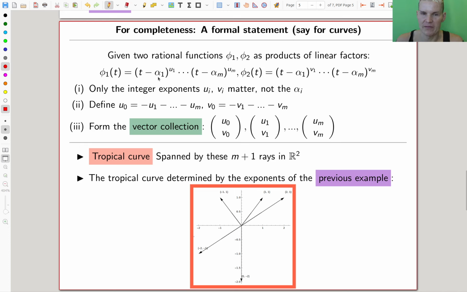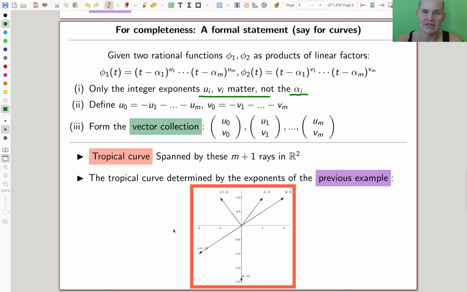There will be some pole or root, depending whether this is a positive or negative exponent. And the nice thing about tropical geometry, because we take a log essentially, is that only the exponents matter, and the funny roots that are really difficult, we don't care. So we only keep track of the exponents and write them in a vector like that, and those vectors give us a nice picture, which essentially spans our tropical variety.